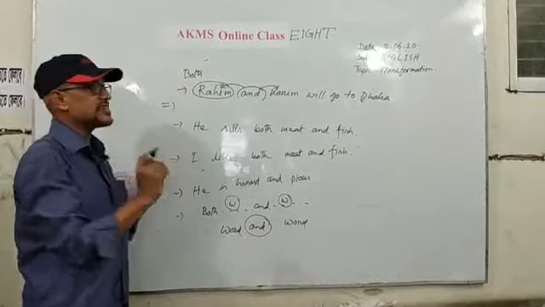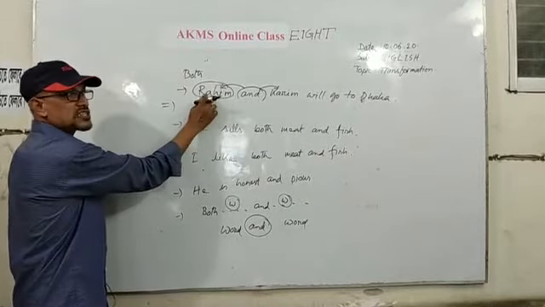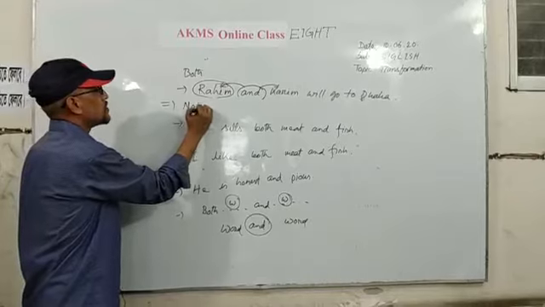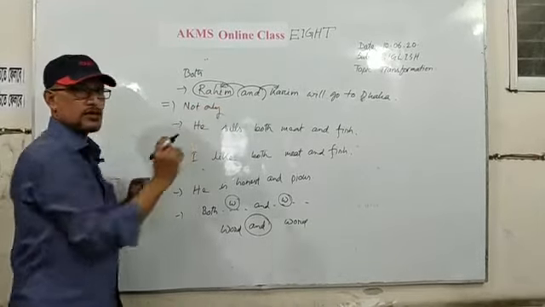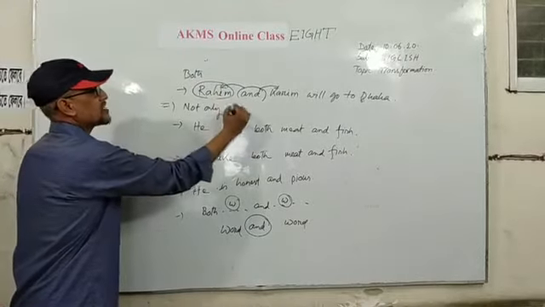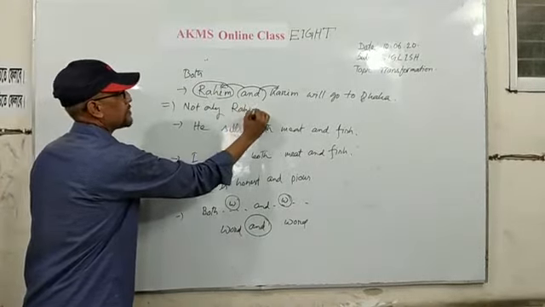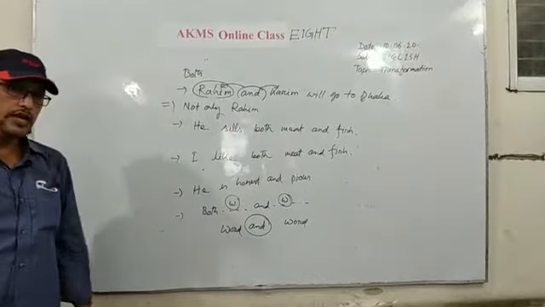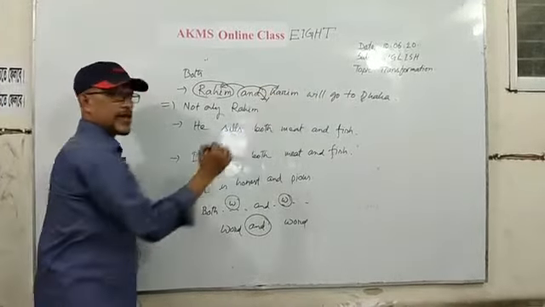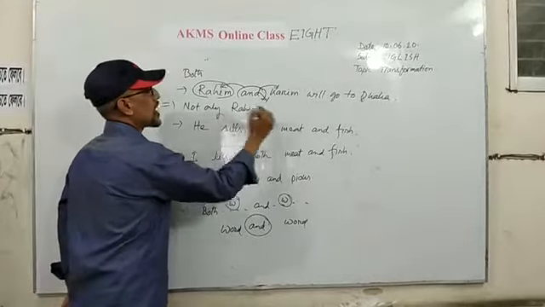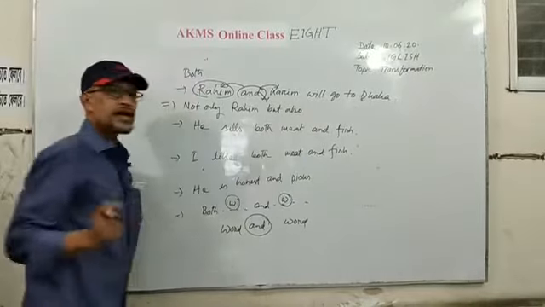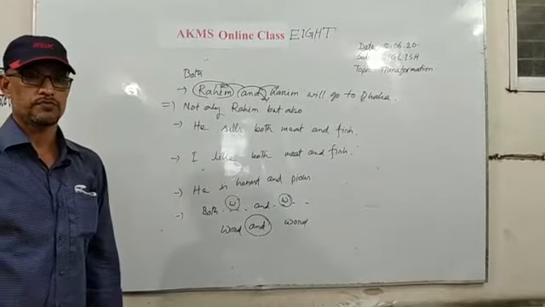Before the first word, you should use not only, and then write the first word. Not only Rohim. And at the place of and, you should write but also.